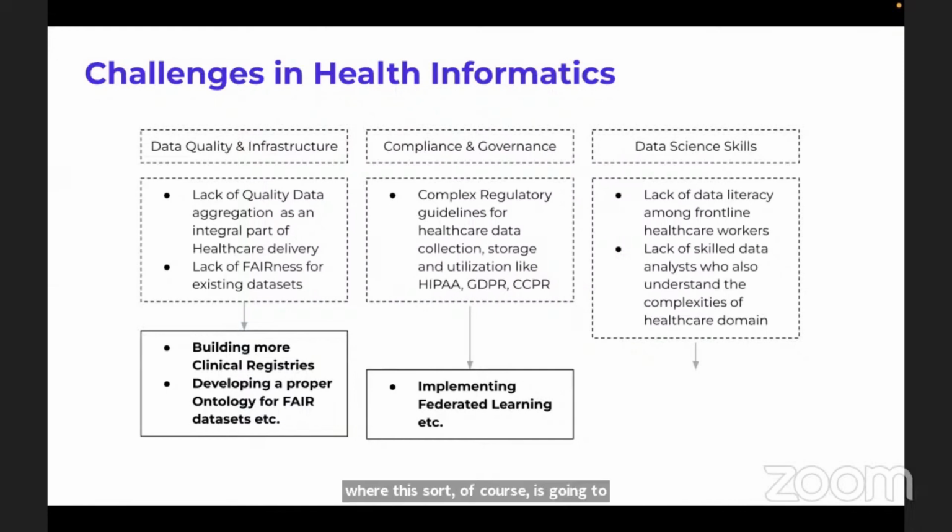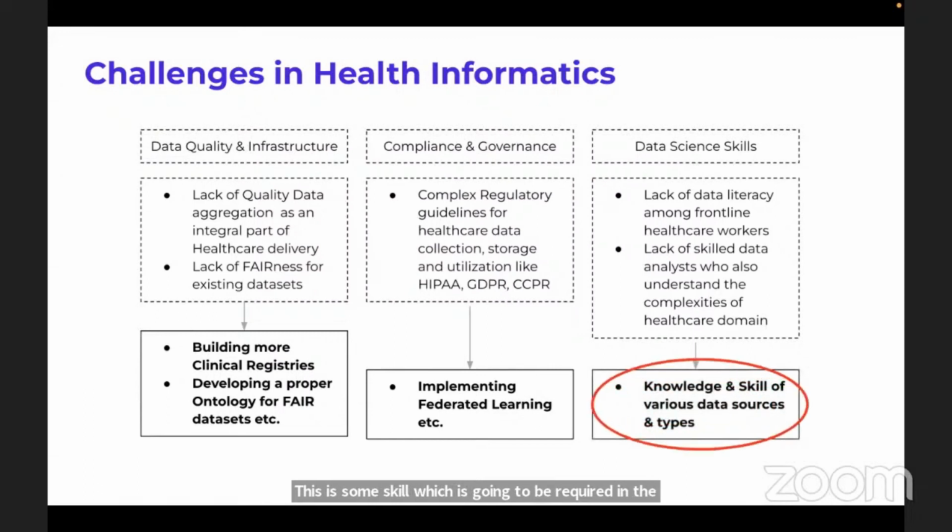And believe me, given the huge demand that is going to explode in the genre of data science and health informatics, this is a skill which is going to be required in the healthcare industry.